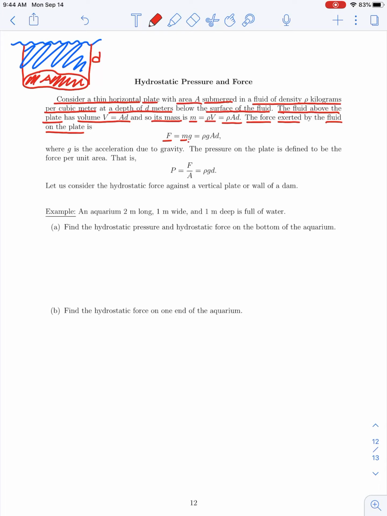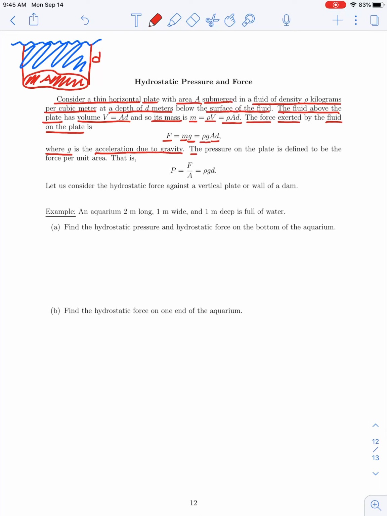And the acceleration that we're multiplying by is the acceleration due to gravity, acting downward on this cylinder of water. So we have our mass, rho times A times d, and then we're multiplying by the acceleration due to gravity, which is denoted as g. So this is how we can calculate the hydrostatic force acting on a plate submerged horizontally in some fluid at a given depth of given density.